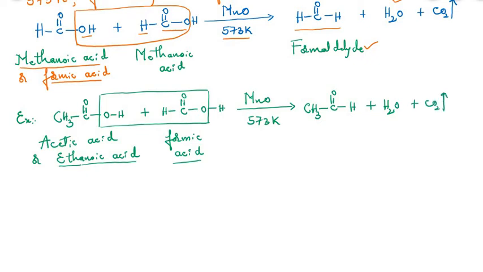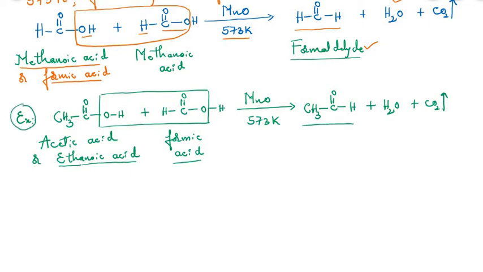The interesting fact we should try to understand is that students, if the two acids used are the same, that is methanoic acid, then we will be getting formaldehyde. But if one of the acids is a carboxylic acid other than formic acid, then we will be getting an aldehyde other than formaldehyde. So you can see in the second example here, I'll be circling here.